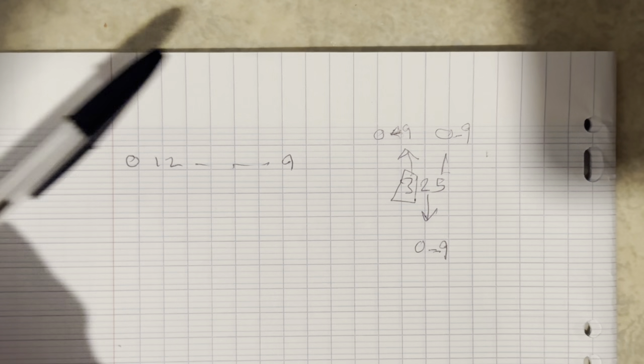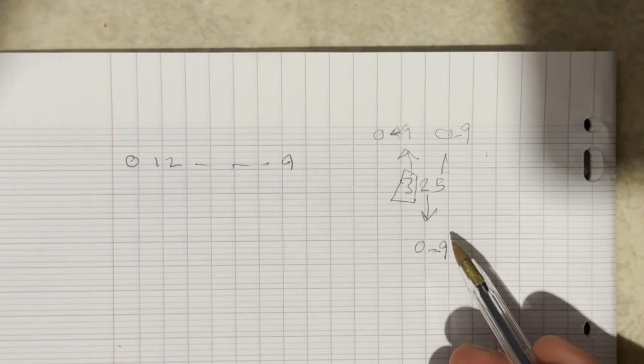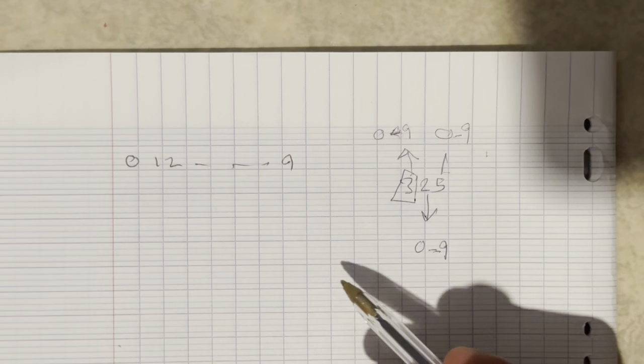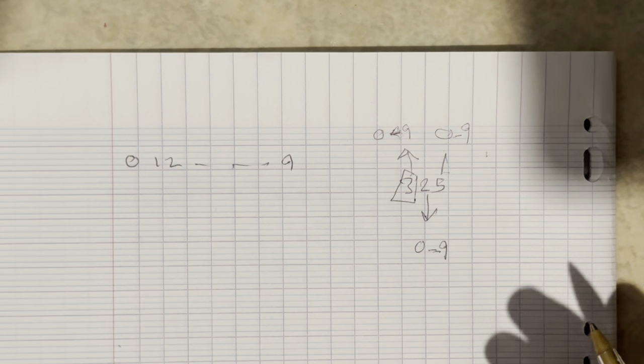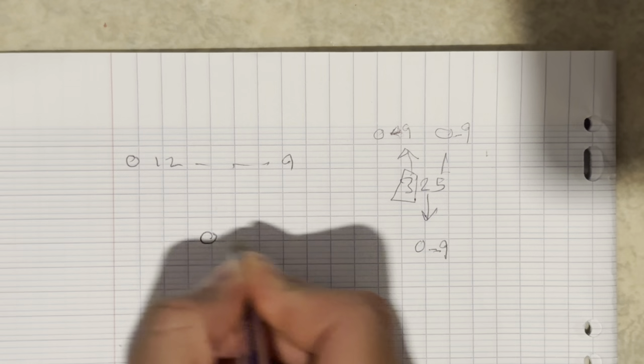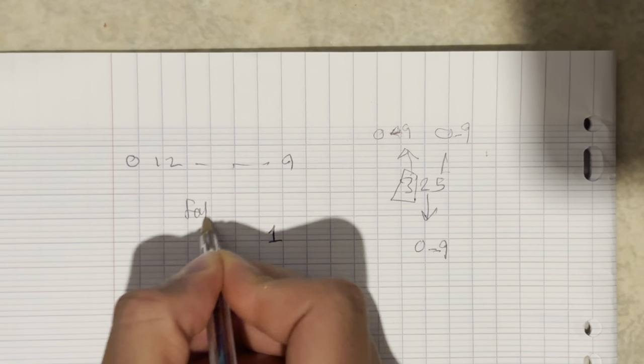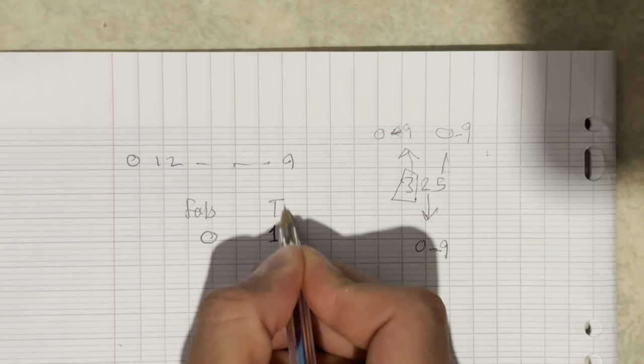But computers and other digital devices don't understand this language. They just understand the language of existing or not existing, true or false, or 0 and 1, 0 being false and 1 being true.